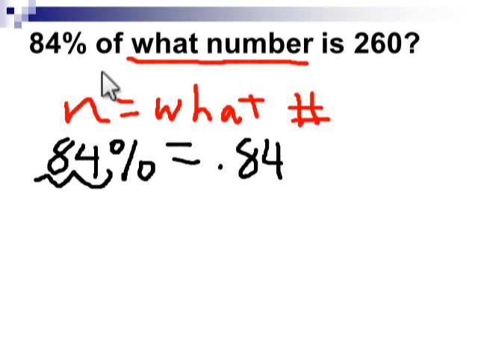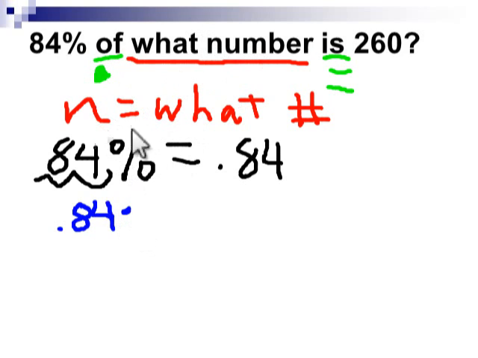So we have of, which stands for our multiplication sign, and is, which stands for equals. So now we're just going to put all of it together in one equation. So 84% comes first, so we're going to write 0.84, whatever you decide you want to use. Of means multiply.